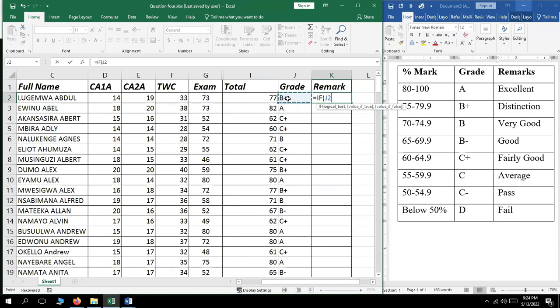Number two, when we are using non-numeric contents to determine a decision, for example when we talked about 8 as our input, the output was A. So this time around, the input is going to be A, and the output is excellent.